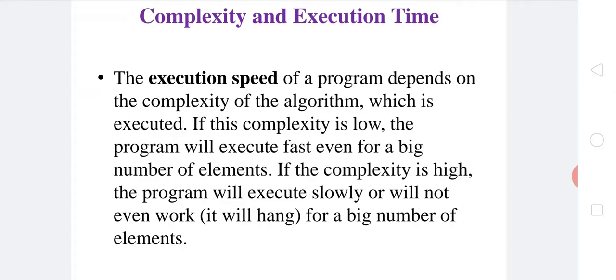Meaning how much time is required to execute a particular algorithm depends upon the algorithm which is executed. If the complexity is low, the program will execute fast, even for a big number of elements. If the complexity is high, the program will execute slowly or will not even work for a big number of elements.